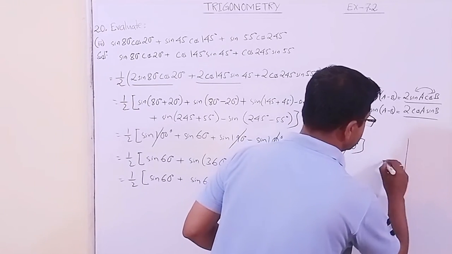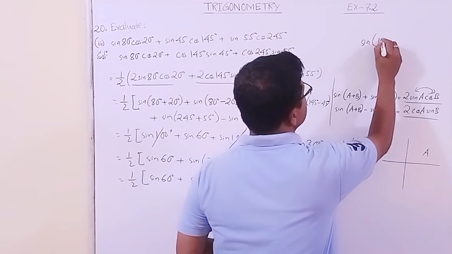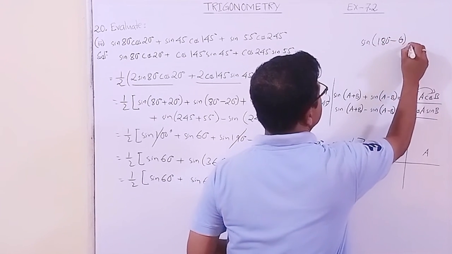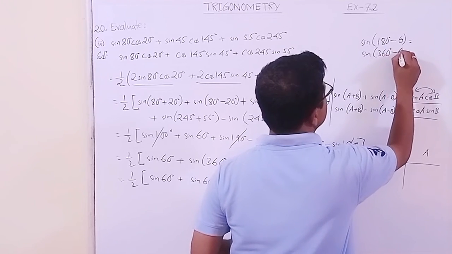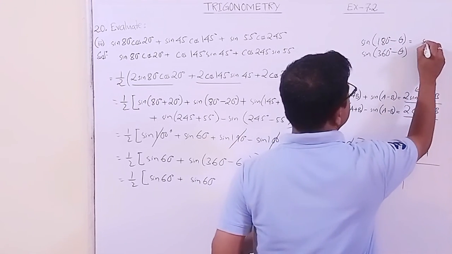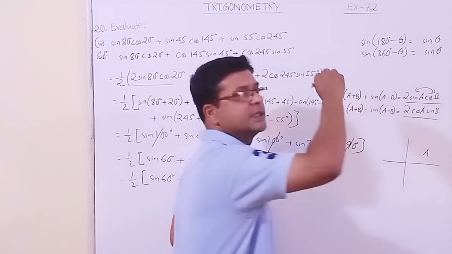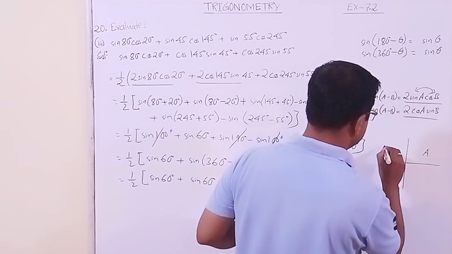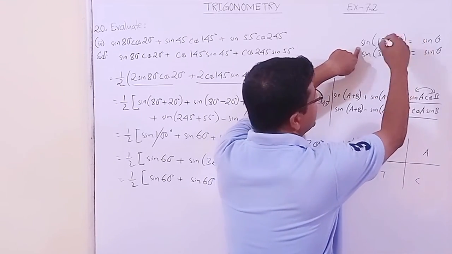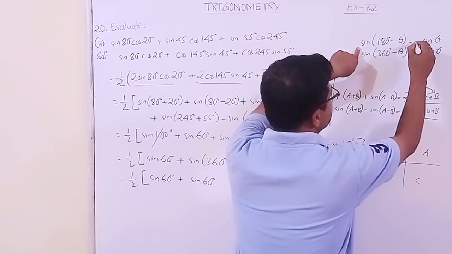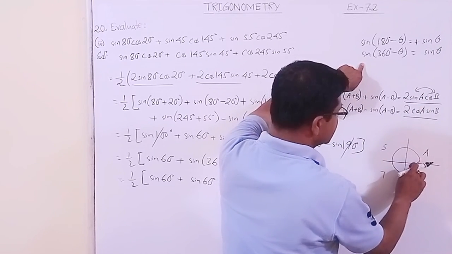I'll show that. This formula we have already got, sine of 180 minus theta or sine of 360 minus theta. This case we have already discussed. This is sine of theta, this is also sine of theta, but there is a question with the sign. I'll tell you, ASTC. This is in the second quadrant, 180 minus theta, where sine is positive, so this is positive. 360, this whole thing is 360 minus something.